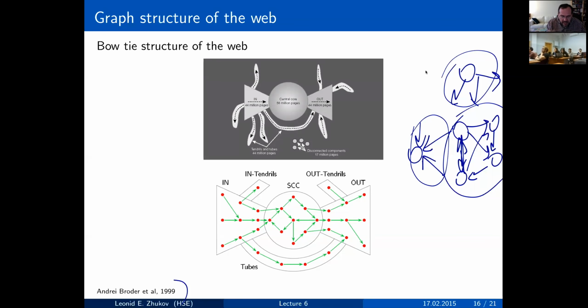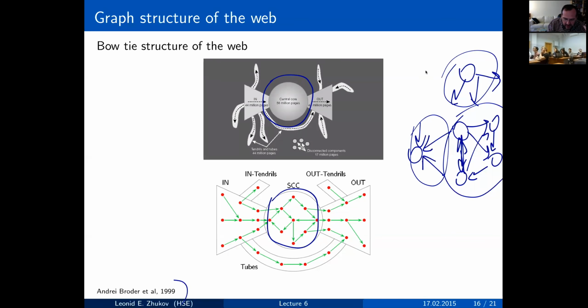The top picture is pretty much from the paper. The bottom one is a little bit of explanation of what it means. And so they defined the web graph to consist of several parts. There's a central core that contains, if you look at this, probably half or 40% of the nodes. This is a strongly connected component, where every node is connected to every other node.